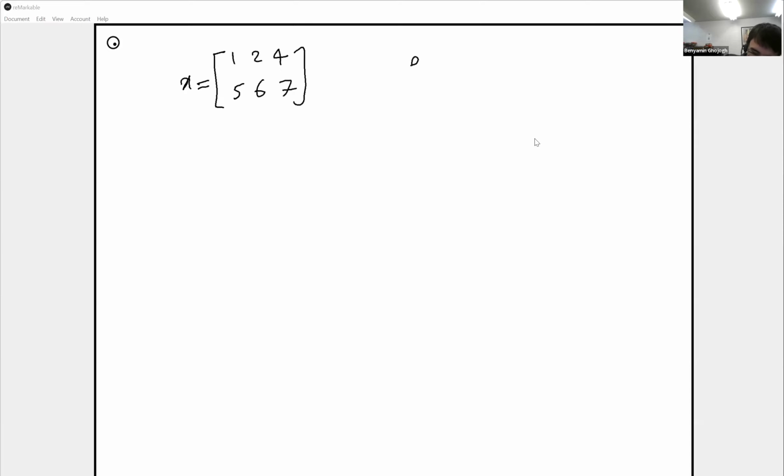This is a matrix, and this is x1,1, this is x2,3, x_ij, I mean. So now assume the function is x1,1 squared, and I don't know, summation of i from 1 to 2 of x_i3 squared, something like that.